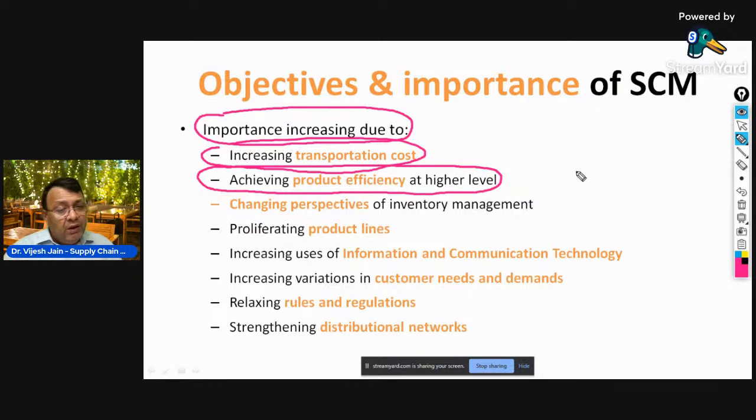So we are constantly graduating from one level to the next, from lower levels to higher levels in terms of product efficiency, in terms of the overall supply of the goods, right goods, right price. They are able to meet the demands of the customers.